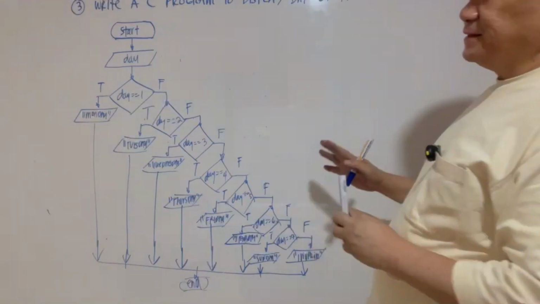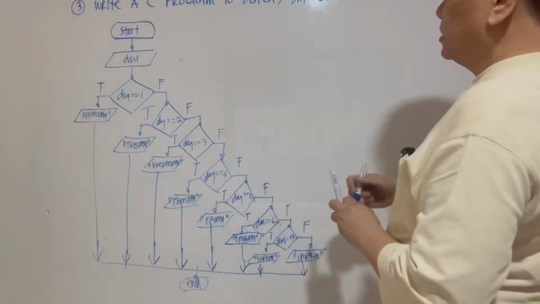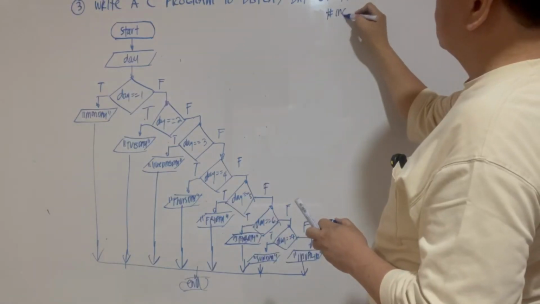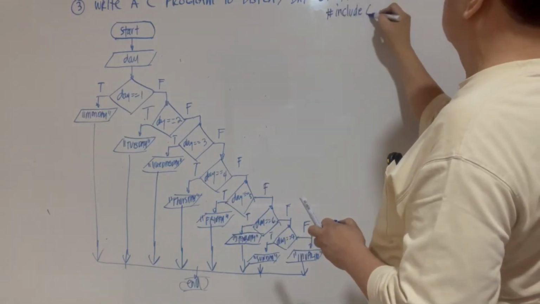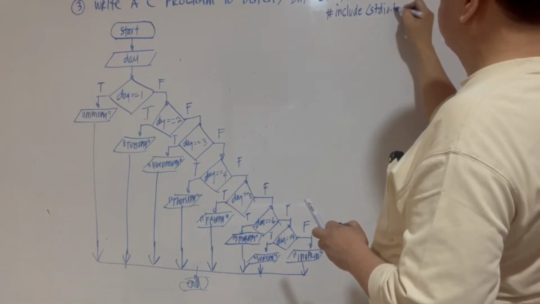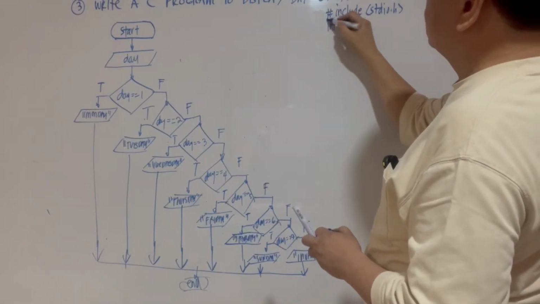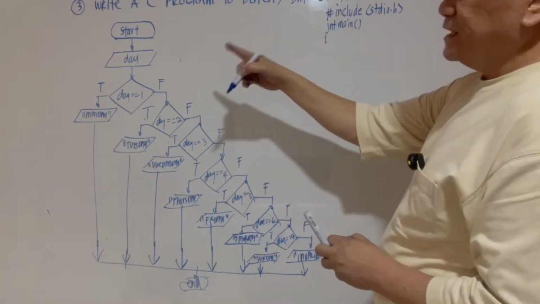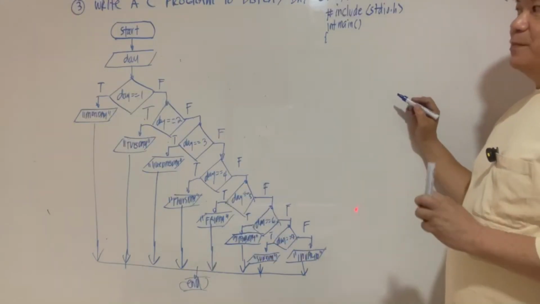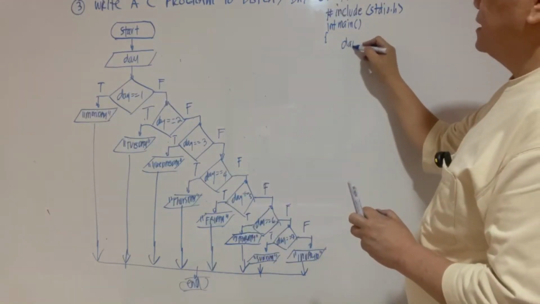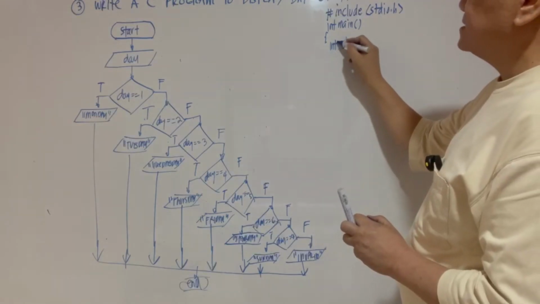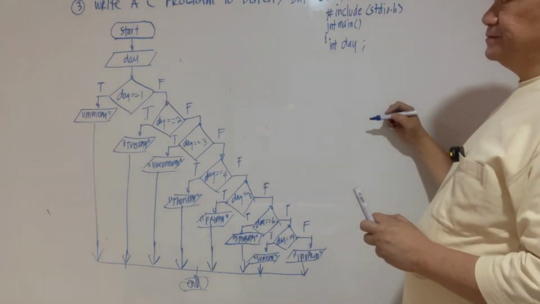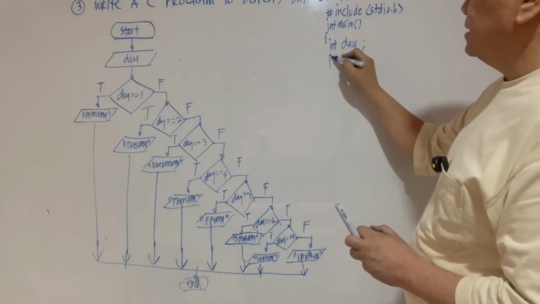So let us create the program for this flowchart. Then begin. What is our variable? We have day, and we'll have that as integer, then semicolon. Then let's have the input statement.